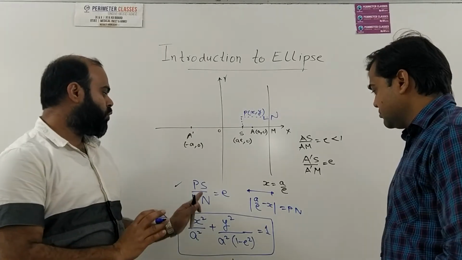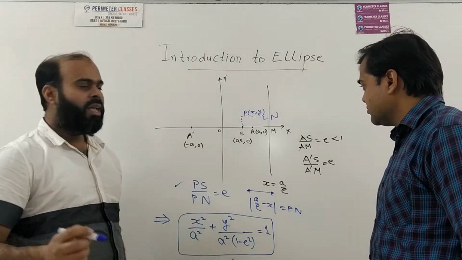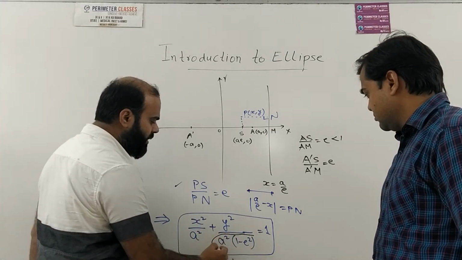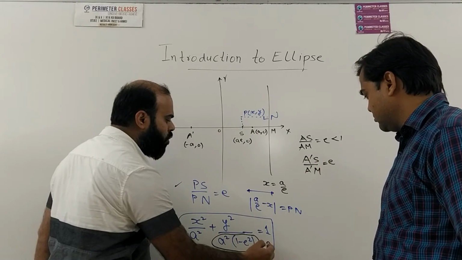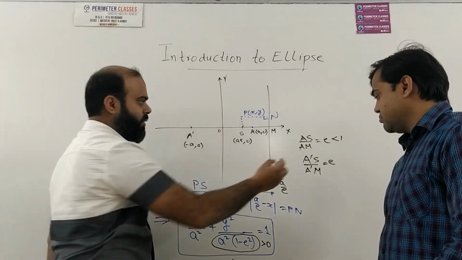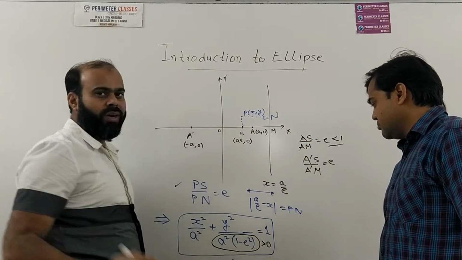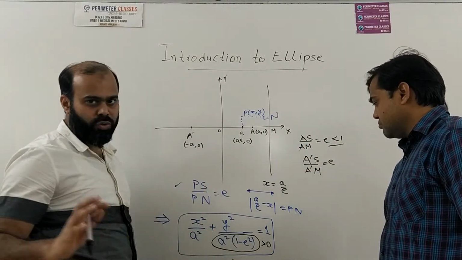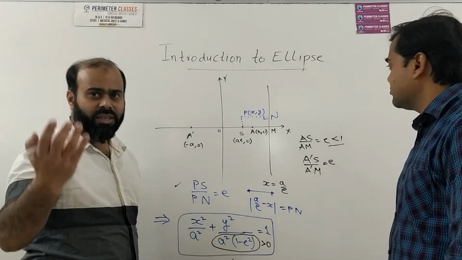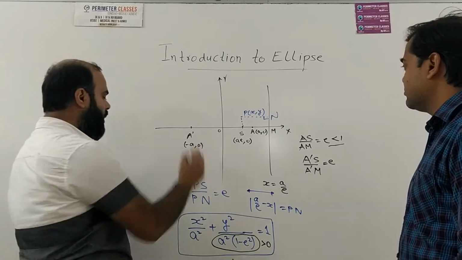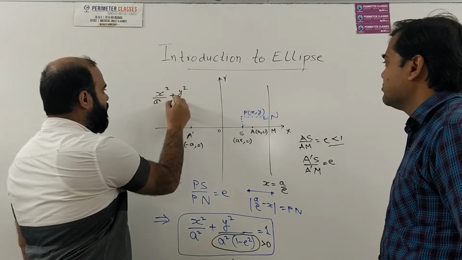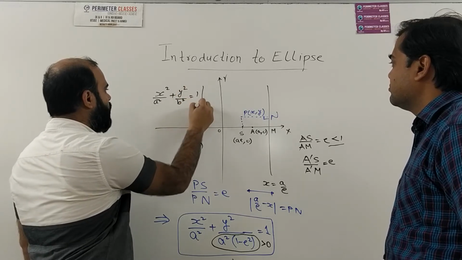So right now you have understood that this is the equation of the ellipse. And what we do finally, this a square into (1 minus e square) is a value which is always greater than 0 because e is less than 1. So 1 minus e square is a positive value, and a square is also a positive value. So this generally is written by another variable, and the final equation we write is x square by a square plus y square by b square is equal to 1.